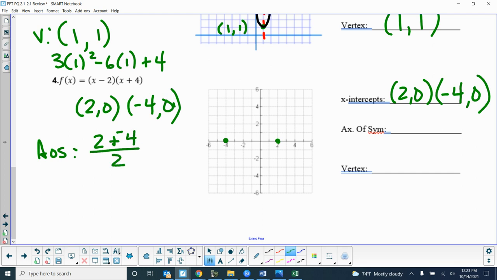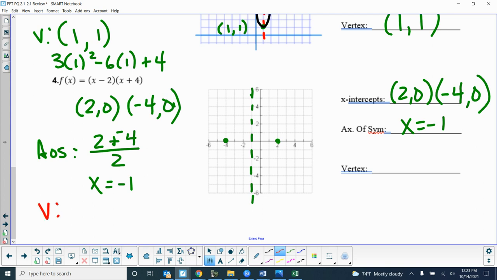Find their average. What's 2 plus negative 4 divided by 2? Negative 1. And you guys can see that that cuts right in half between the 2 points, doesn't it? All right, so x equals negative 1.